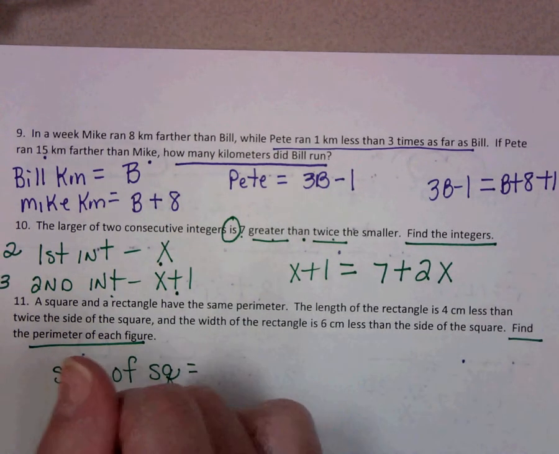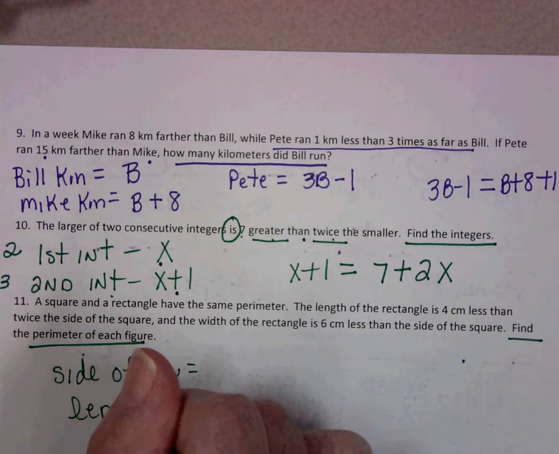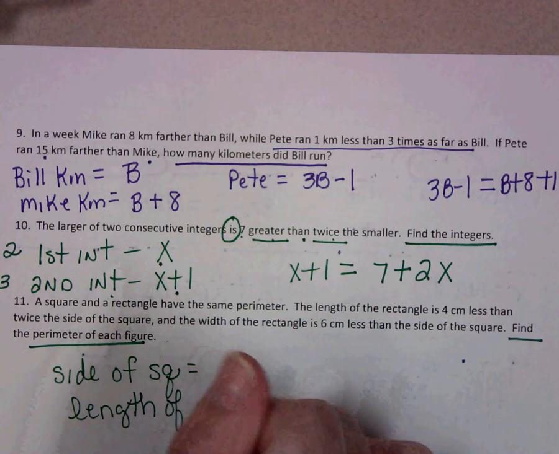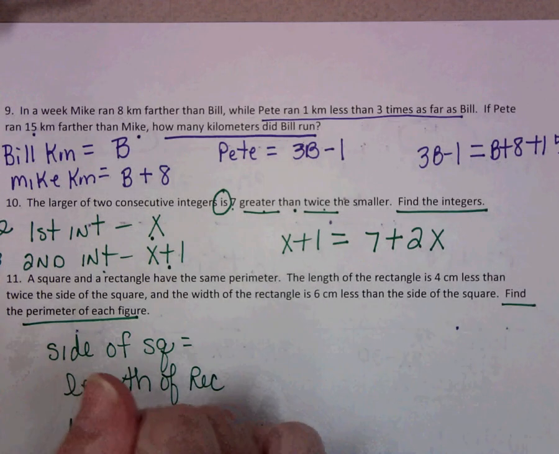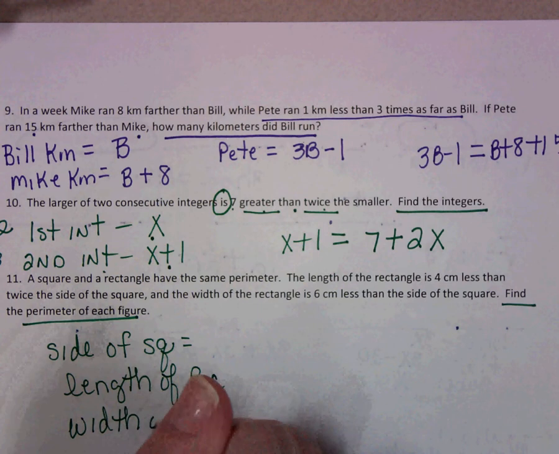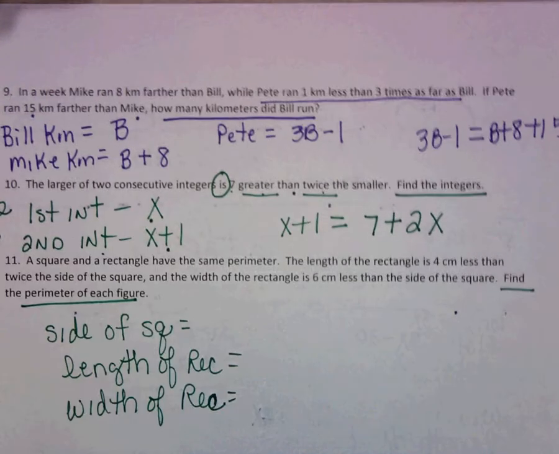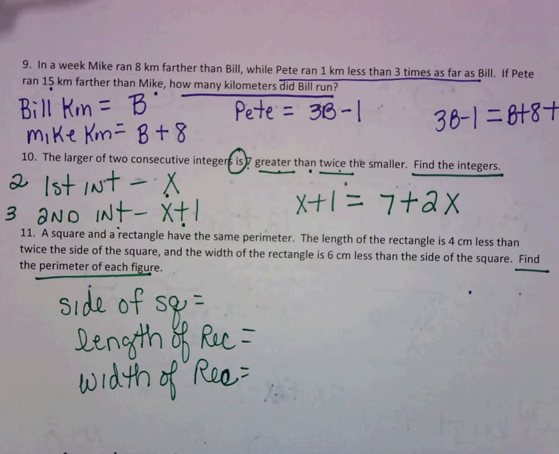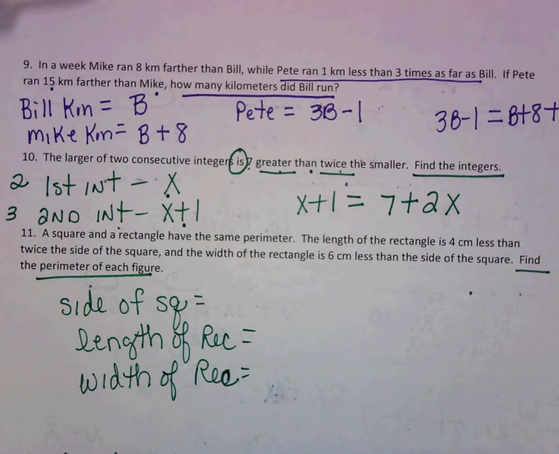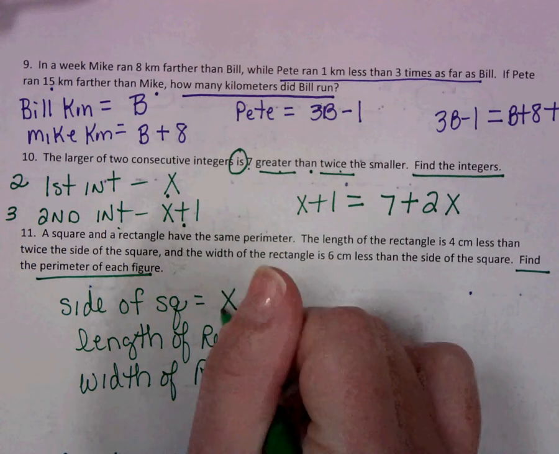We need to know the length of the rectangle, and we need to know the width of the rectangle. It says the length of the rectangle is 4 centimeters less than twice the side of the square. Okay, that's a lot, right? The side of the square is x.